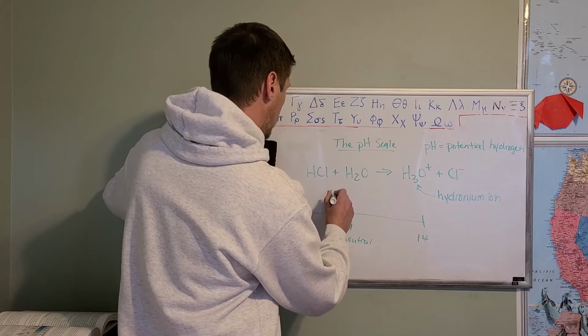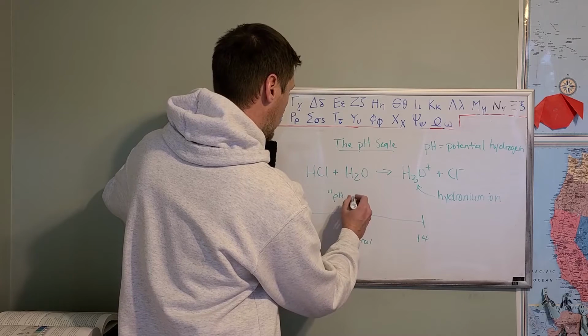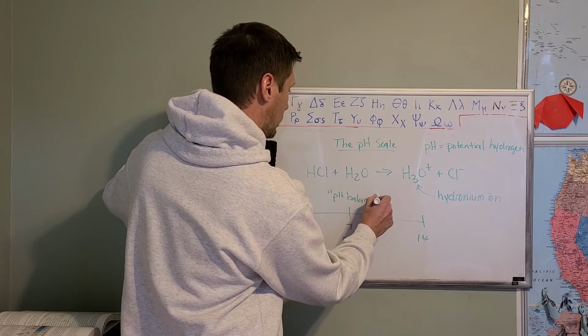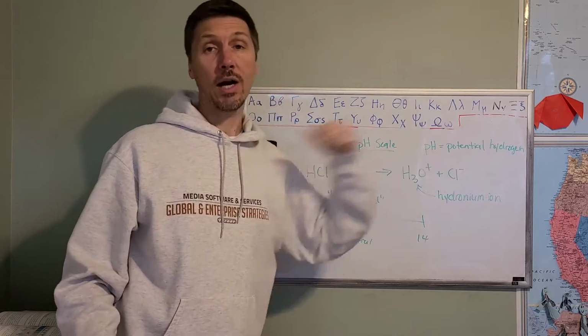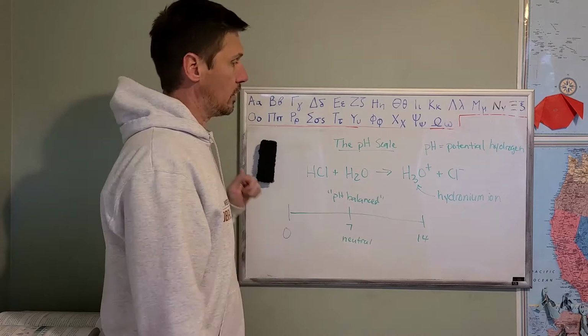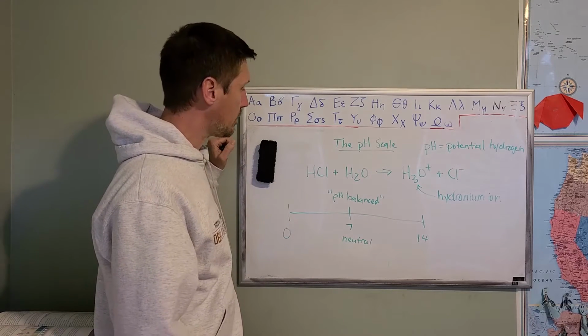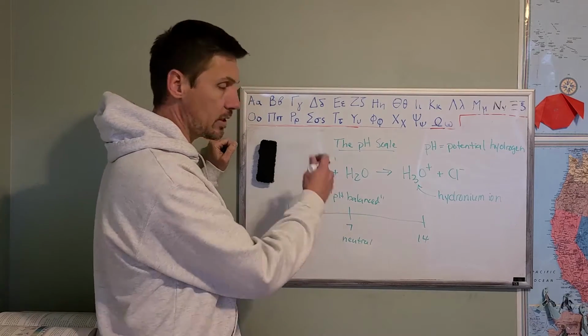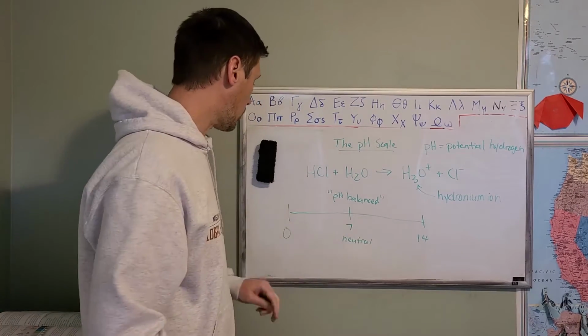You may see a product in the store that's called pH balance. And by the way, I don't think I said pH stands for potential hydrogen, okay? But like I said, it's a measure of the amount of this hydronium ion. So pH balance is right in the middle. It's neither basic nor acidic.